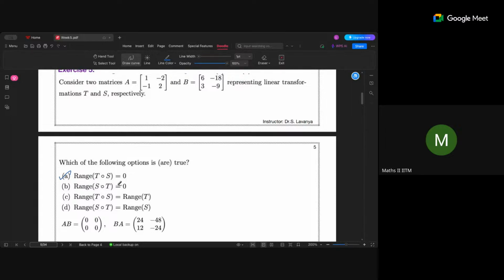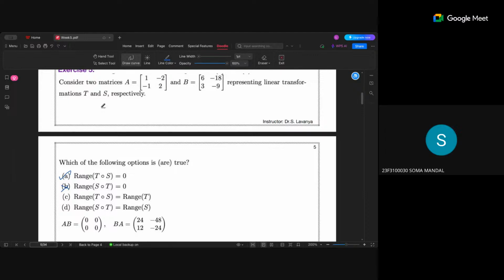What about the range of S composition T? Is that also 0? No, ma'am. What is the range of T composition S? We already saw it to be 0. But what about the range of T? Is that also 0? No, rank is 1.